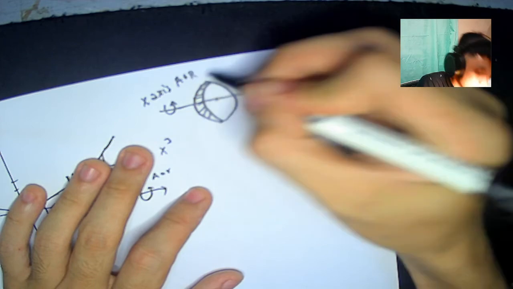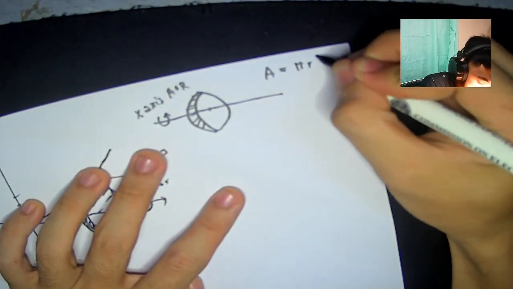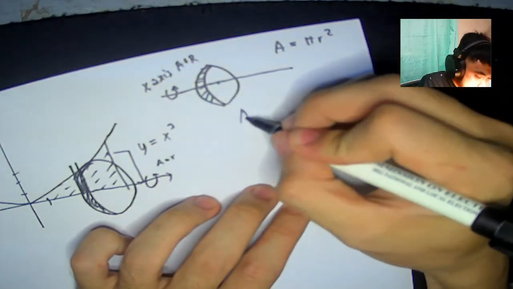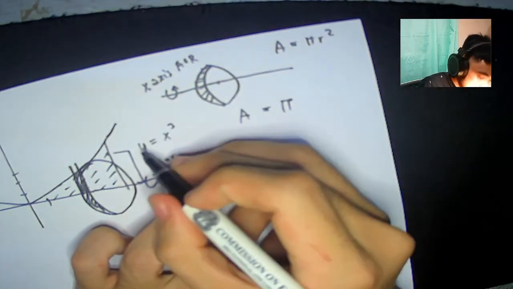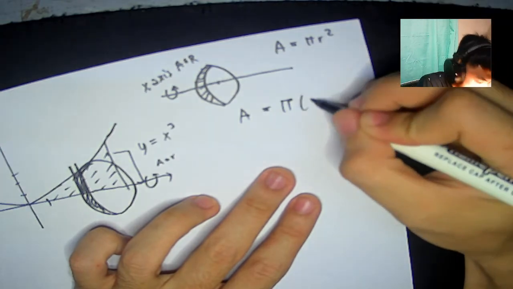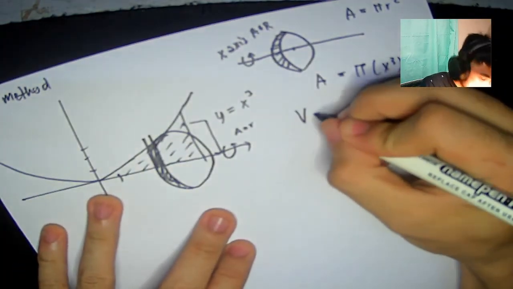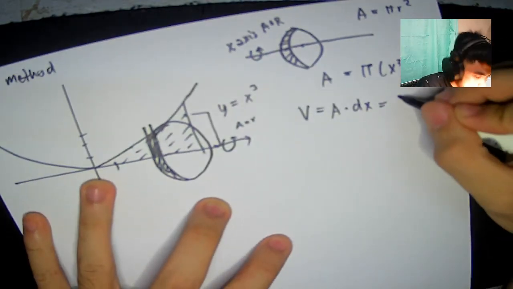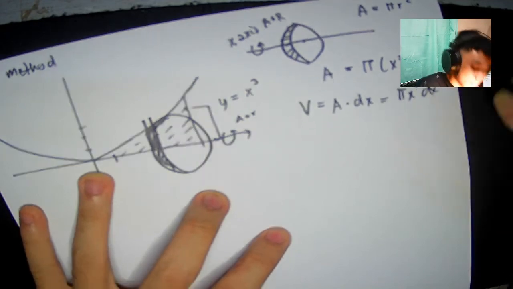So A equals pi r squared. So A is equal to pi, r is x cubed, so x cubed squared. So dV is equal to A times dx, which is pi x to the sixth dx.